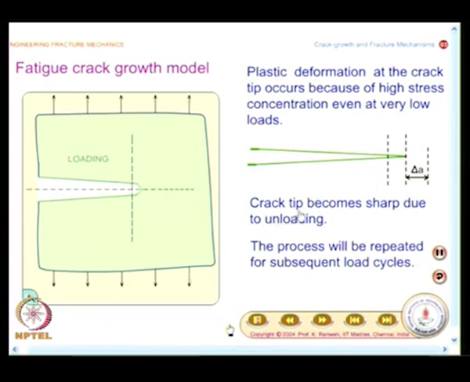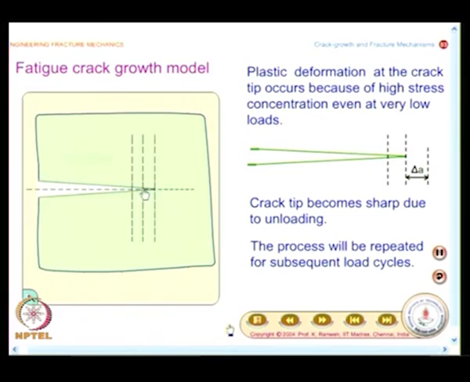So, when the loading is removed, the crack becomes sharp, then the whole process will be repeated for subsequent load cycles. What I am going to show here is, first see this animation like this, then I will magnify, because you could see loading clearly. During the loading phase, the crack advances. At the end of the loading phase, it becomes blunt, then it becomes sharp when it is unloaded.